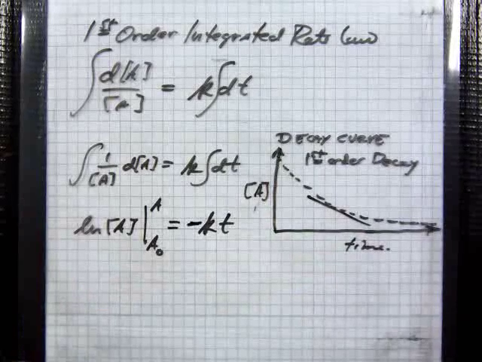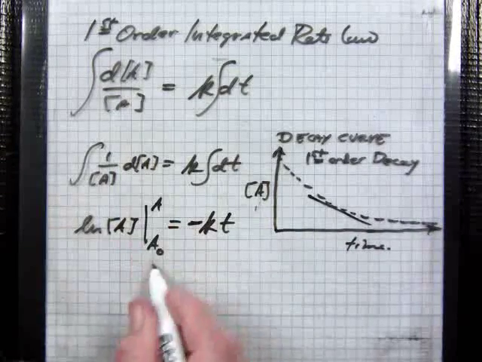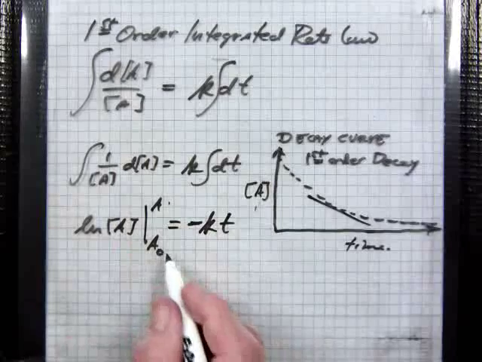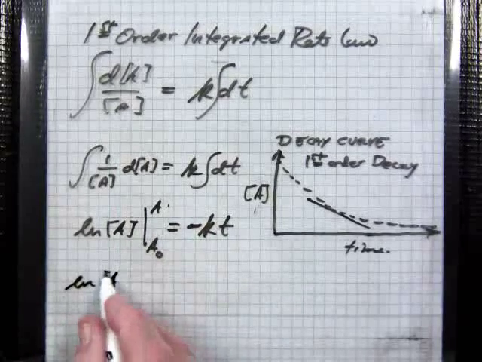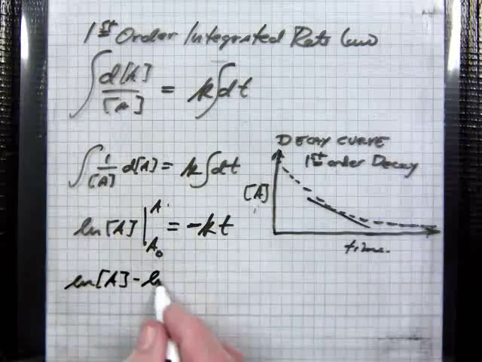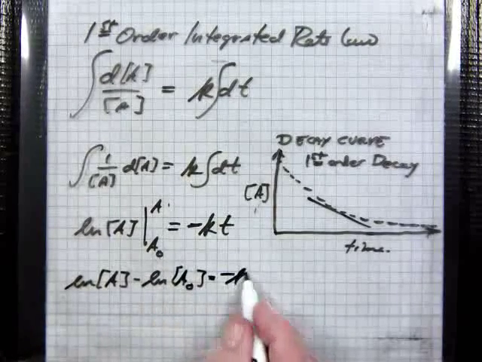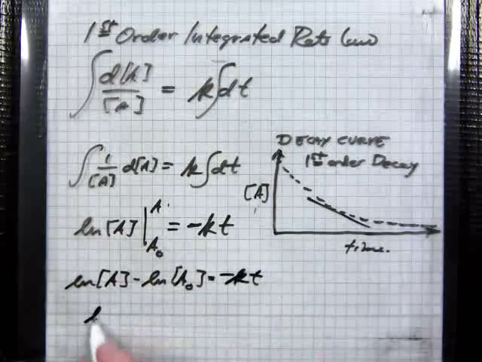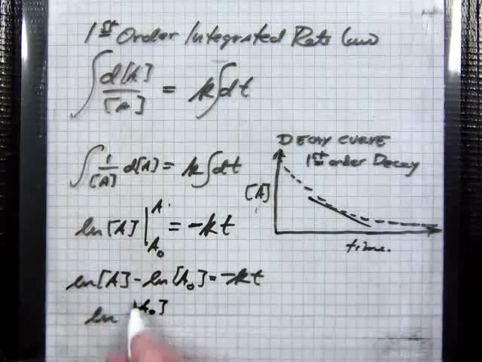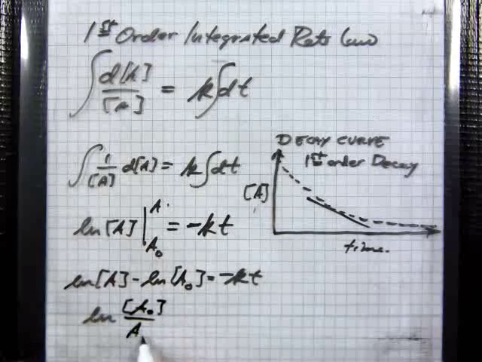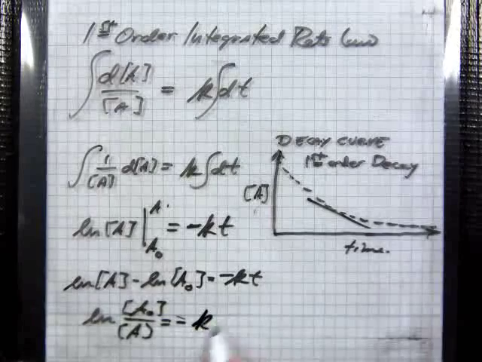So, when you work this from initial to final, you have ln of A final minus ln of A naught equal to minus kt, and that simplifies to the ratio A over A naught, ln of that, equal to minus kt.